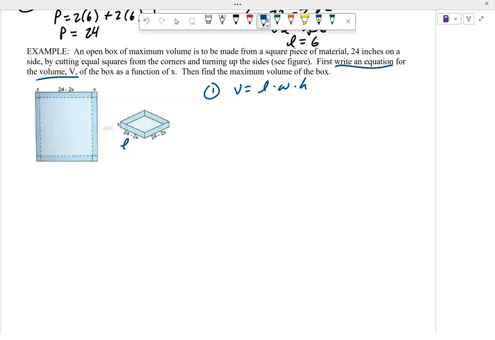Our volume is 24 minus 2x times another 24 minus 2x, that's our width, and then our height is x. So there's the volume, and we're trying to maximize this volume.